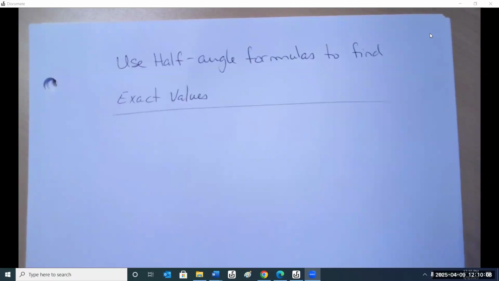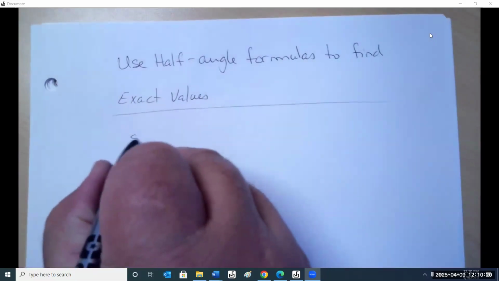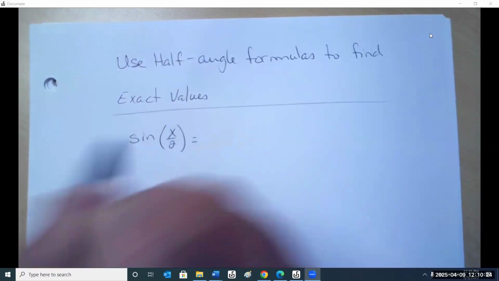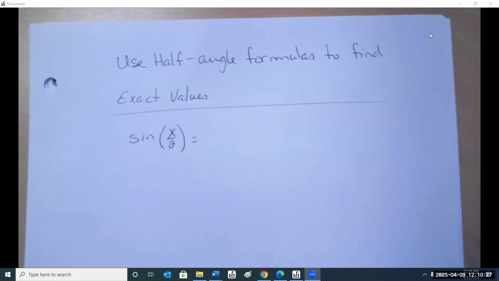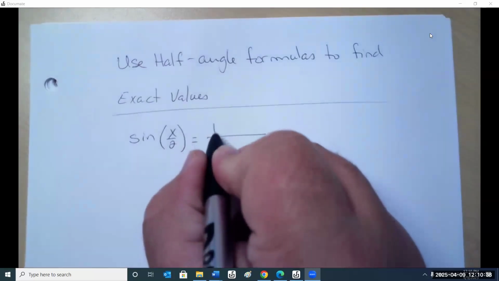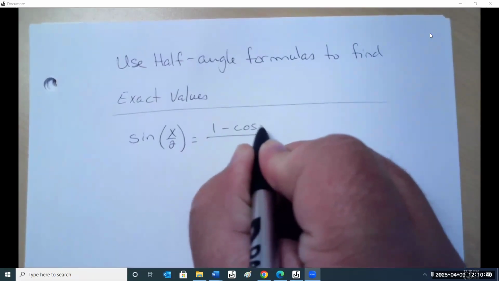How do we define our half angle formulas? Okay. Yes, this is, but what would that equal? How do we derive it? For us to save time, I'll just give it to you.